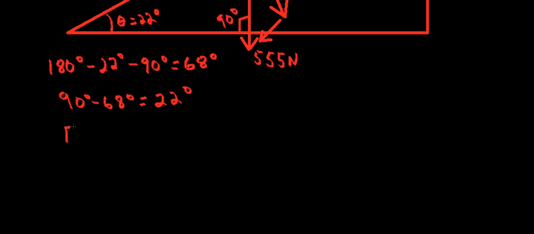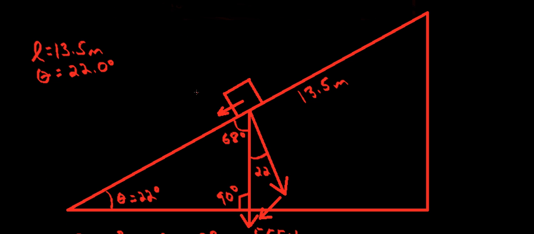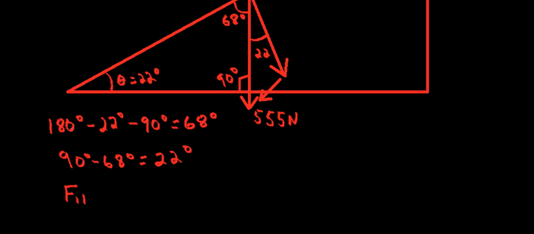We have force parallel, and this is just going to be that vector. I'll label it up here so you can see what I mean by force parallel. Force parallel is what I'm labeling this vector right here, and it is equal to 555 newtons times sine of 22 degrees.